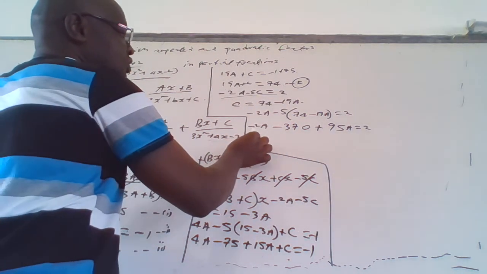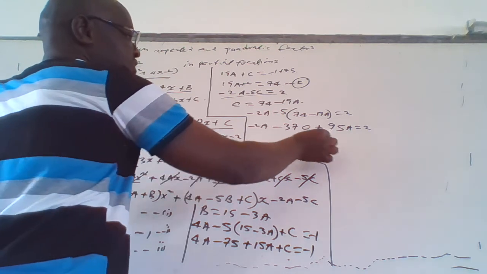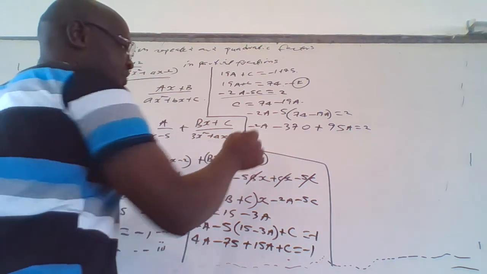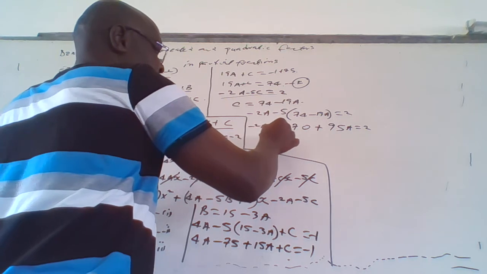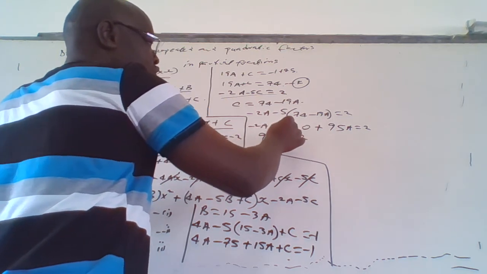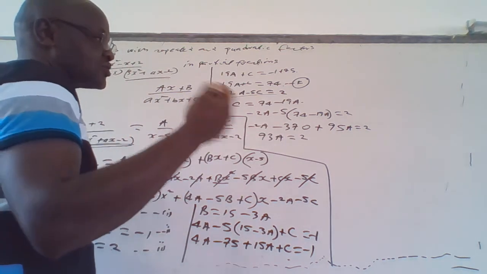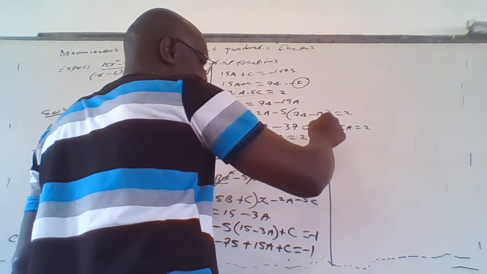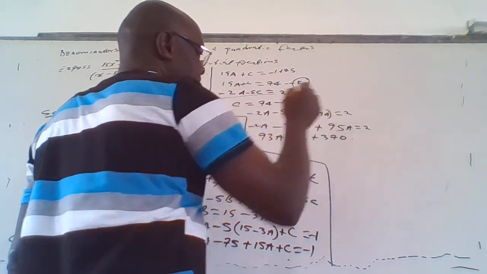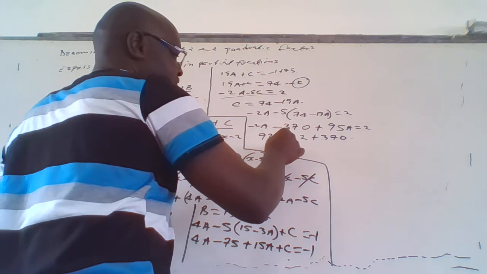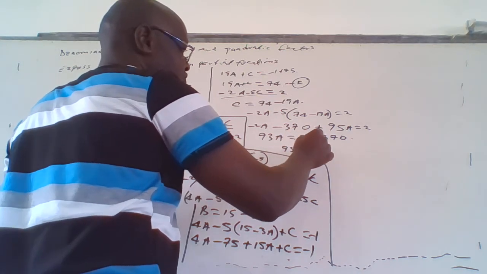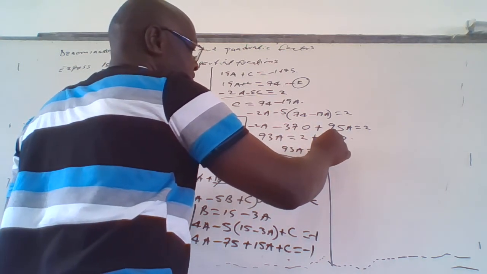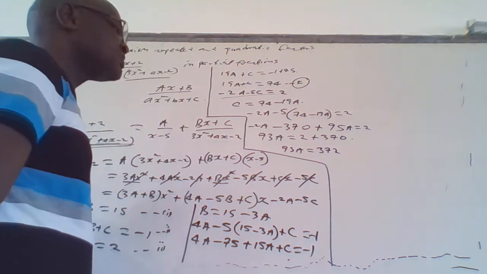So minus 2a plus 95a will remain with 93a equals 2. When negative 370 goes to the other side it becomes positive, plus 370. Therefore, 93a equals 372.